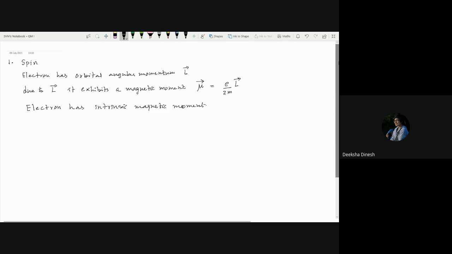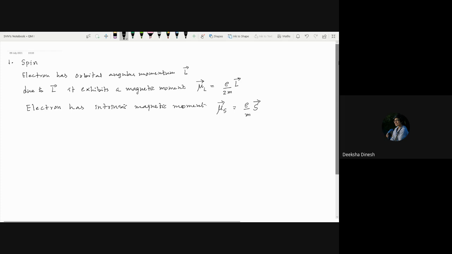Let me call the earlier one mu L, and this one mu S. As I told you, historically it was thought that a spinning motion is there, and it turns out from the observation that there is an angular momentum associated with that. As I told you, it's a mathematical construction. So you can say that there is a magnetic moment like this.